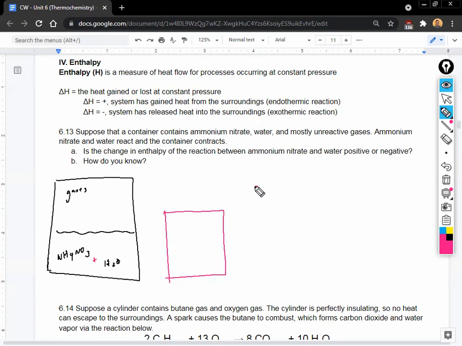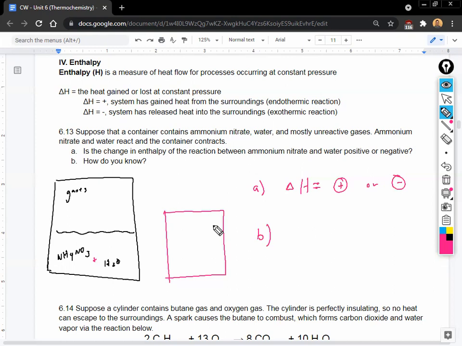Now I want you guys to figure out, hey, did the system gain energy or did it lose energy? So what's the delta H? Was it positive or negative? And then B is just the explanation. How do you know?